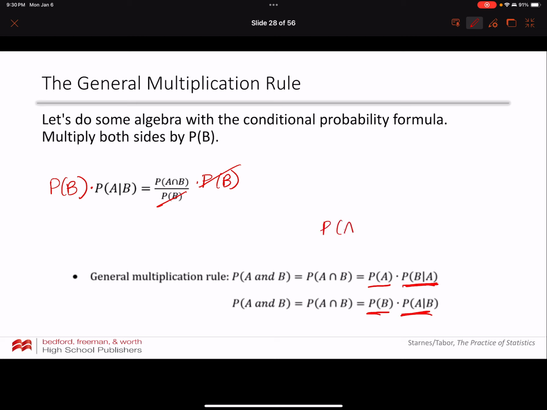The probability of A times the probability of B given A is the same as the probability of B times the probability of A given B, okay?